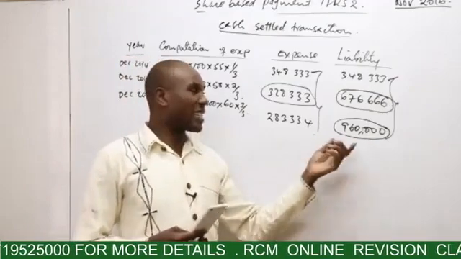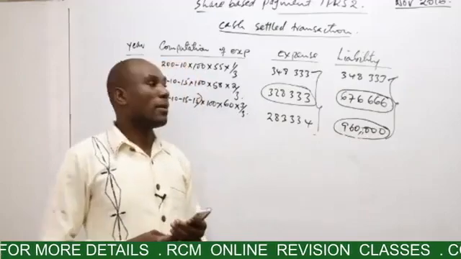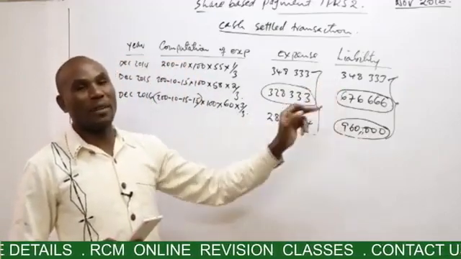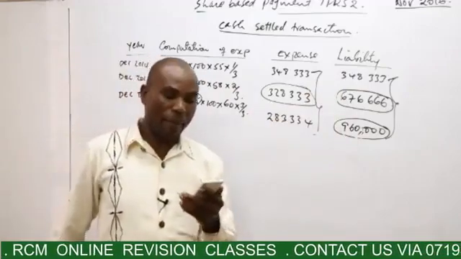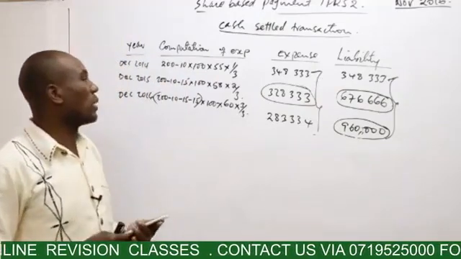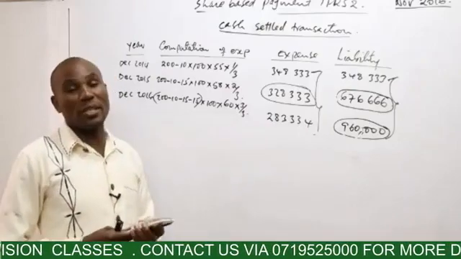You need to pay this cash. But here, remember, it's just cumulative liabilities. That is how you get marks in share-based payment, and it's a very common question.